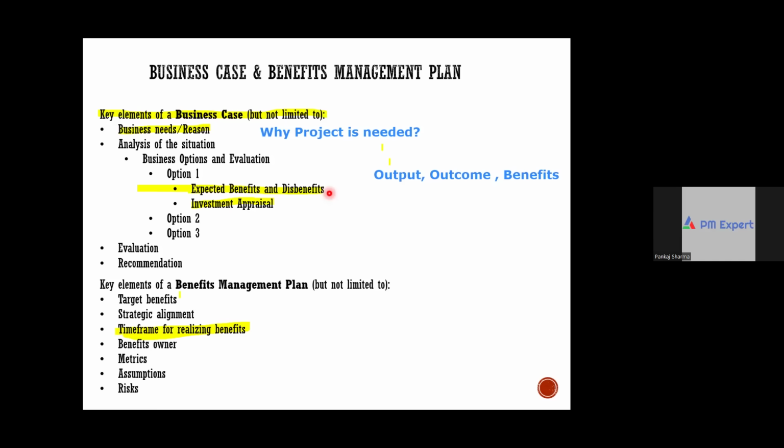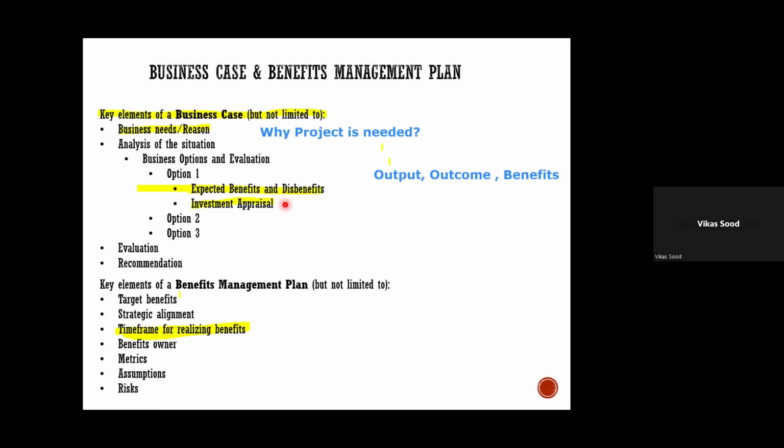All right. Now, the most important section, sir, the investment appraisal section. Tell me, without a business justification, will you do a project if expected benefits won't outweigh the cost? If cost incurred is more than the benefits, will you do a project?